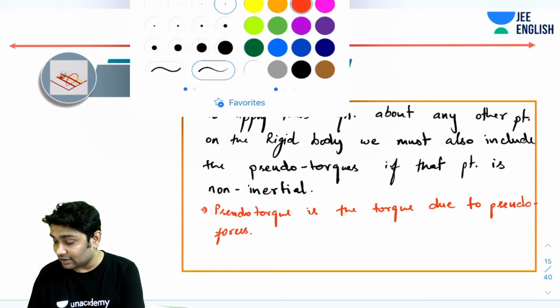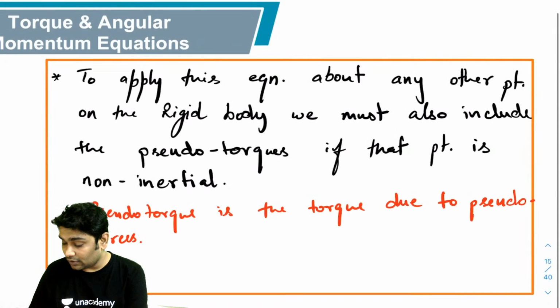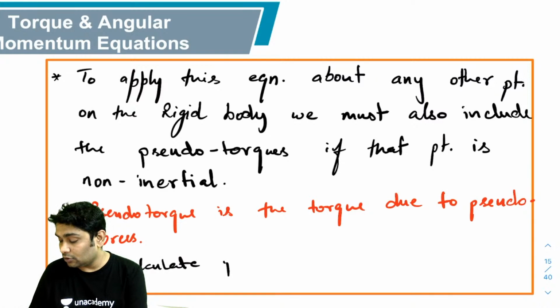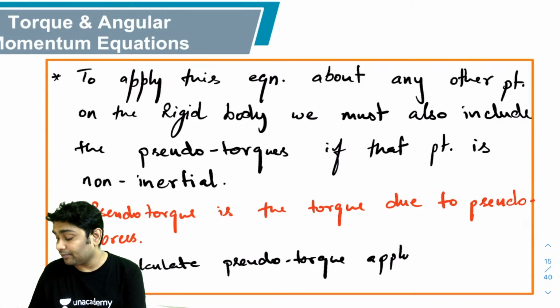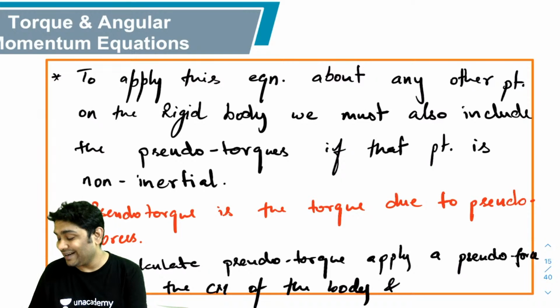Okay, so let's just write that. To calculate pseudo torque, apply a pseudo force on the CM of the object, and take its torque.